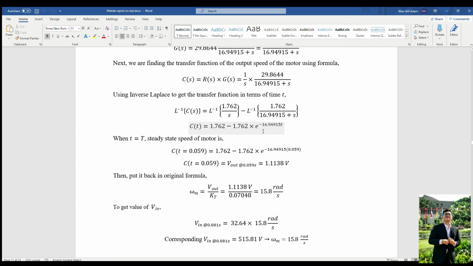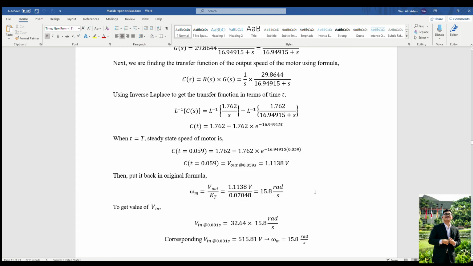16.94915t. So we need to find the output at time t, from the value that we get from above. We plug in t equal to 0.059. So we get the voltage output at that particular time, which is 1.138, which is similar to the value that we get from the graph at the 63%.